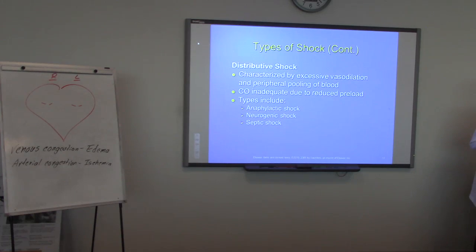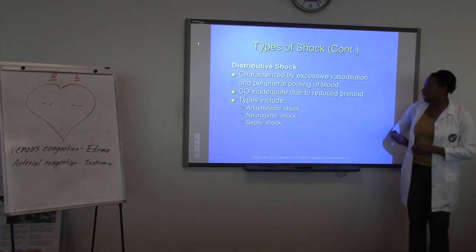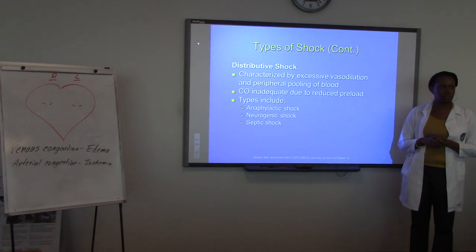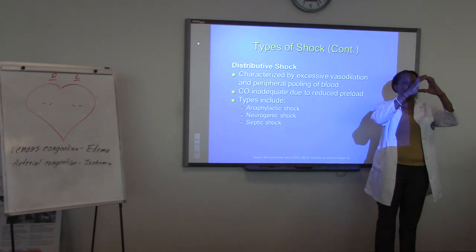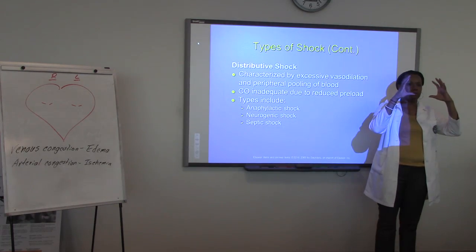Okay, so now distributive shock. Distributive shock is what is called excessive vasodilation and peripheral pooling of blood. Now, just imagine if you have a blood vessel that stretches out like this. Do you think blood's going to flow?